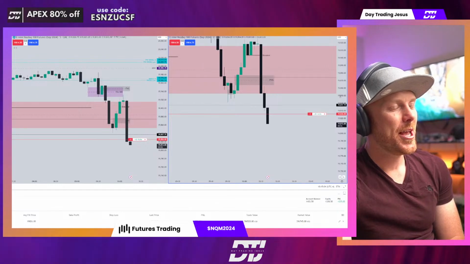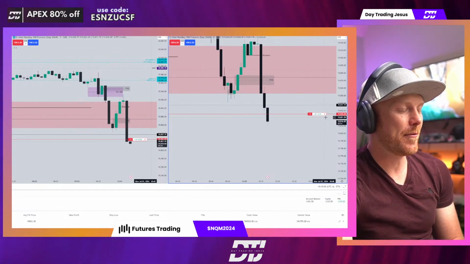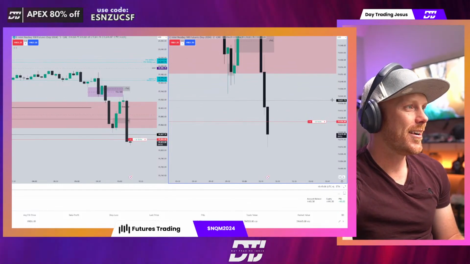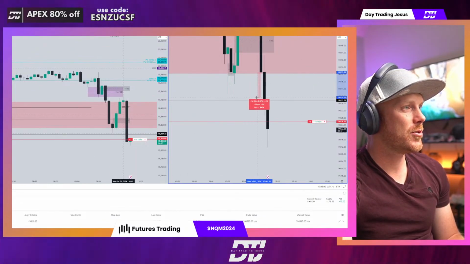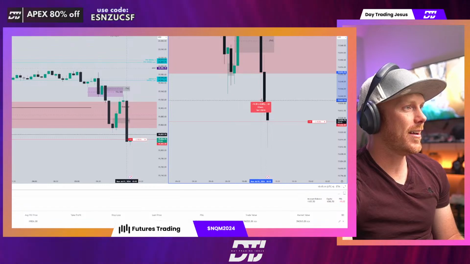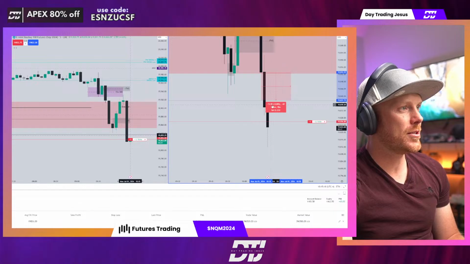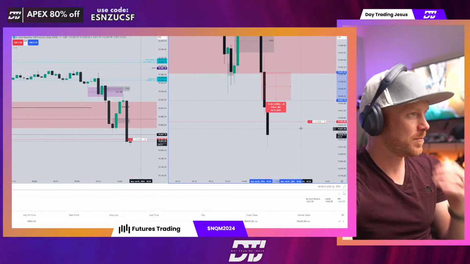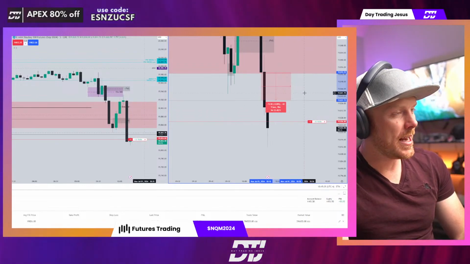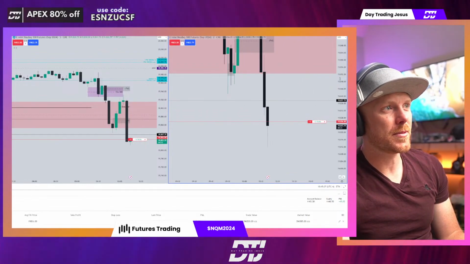It does. It looks like about 5 points. I know. Here. Yeah, this was our entry. This is our target right there. So that's 15 handles and 62 ticks is what that was. Right? I know. Charts can be so deceptive sometimes.